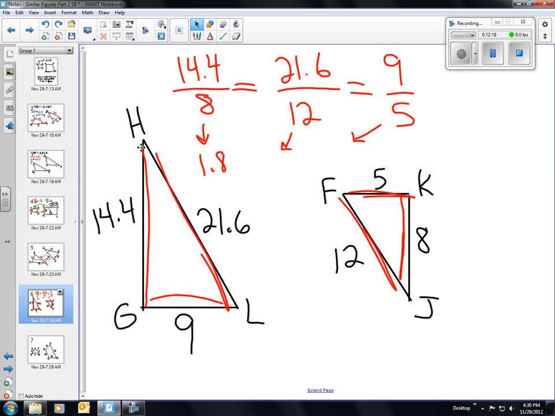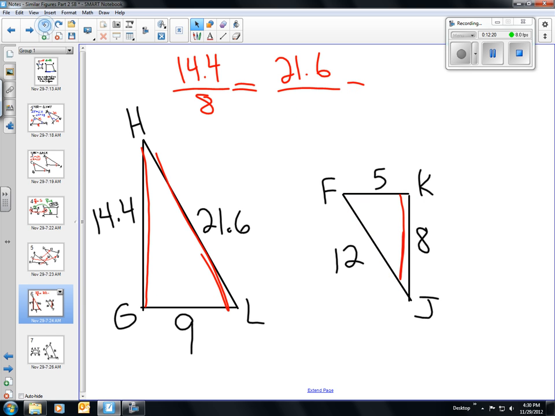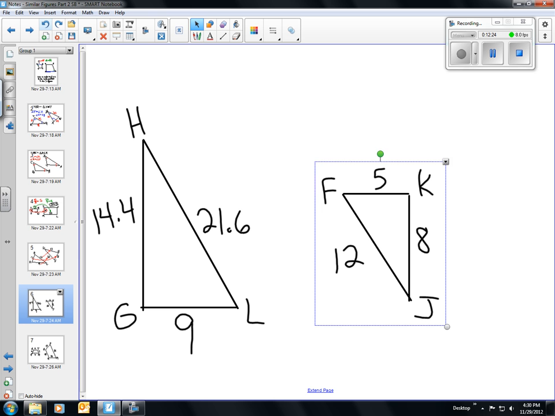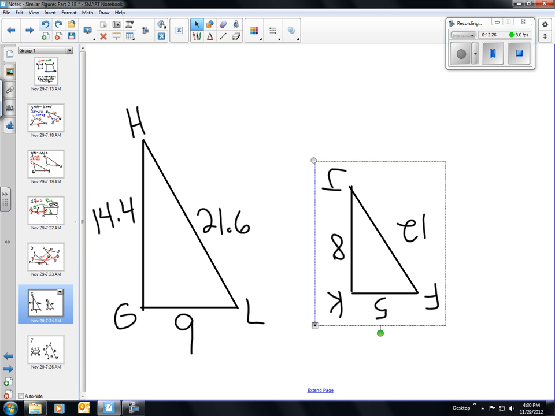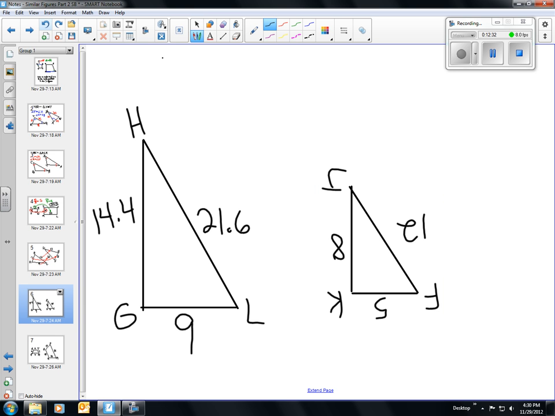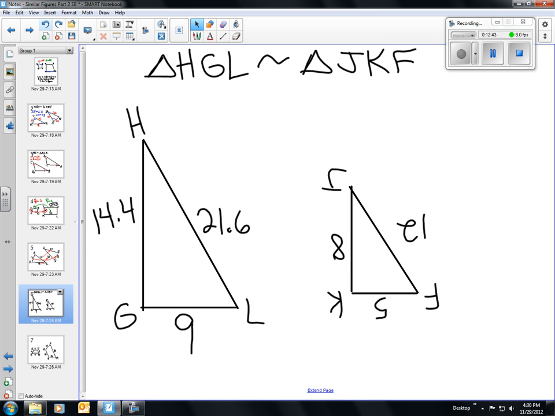And if you're having trouble visualizing which parts are corresponding to each other, visually you can turn, or use your paper and turn which parts go with which. So here, if we're going to say that the two triangles are similar, we need to say that triangle HGL is similar to triangle JKF. And it's important how you write it because the corresponding parts need to match up with the other triangle.